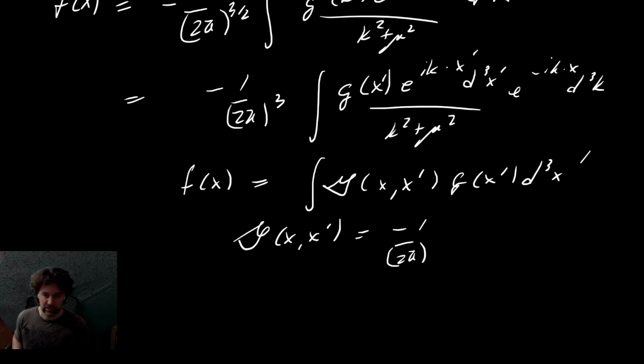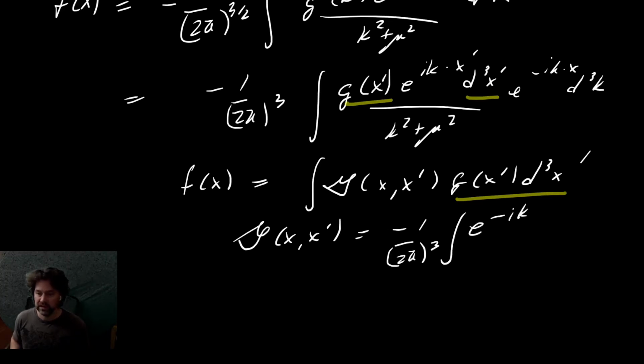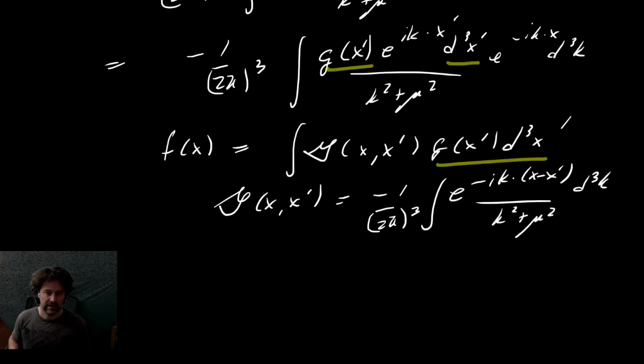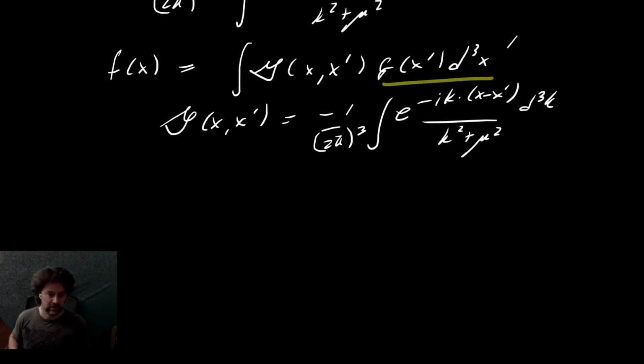So we're left with 2 pi cubed times, so I've taken the g hat dx prime here, and what is left is e to the minus i k dot x minus x prime d3k over k squared plus mu squared. There we go. That is the full solution.